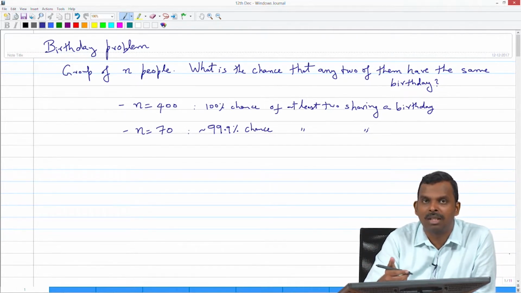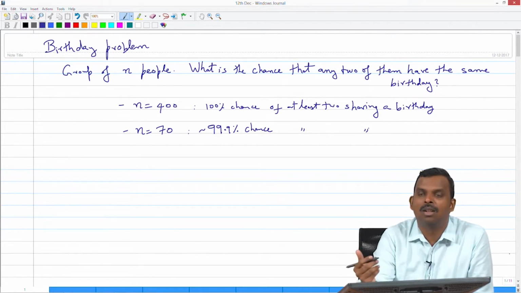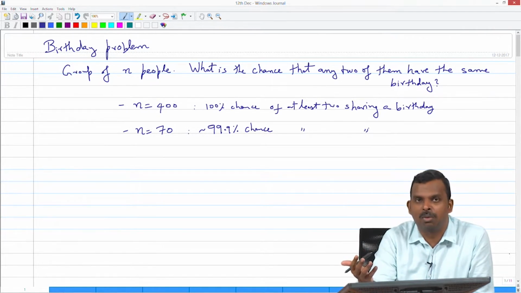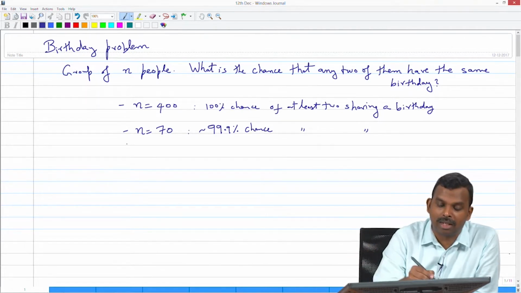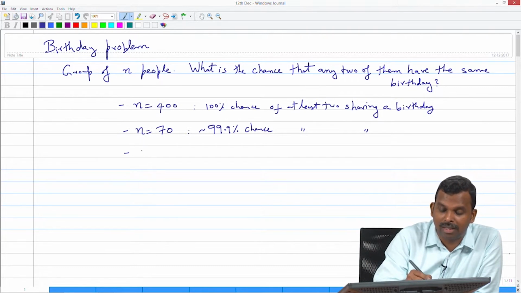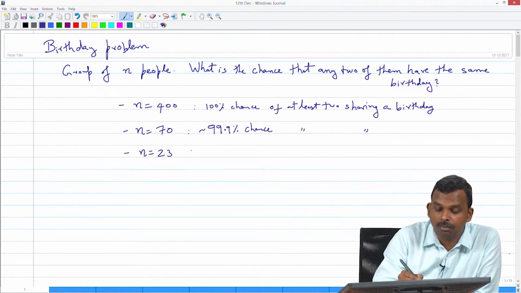Quite often this is true. If you have a class or a group of 70 people and you expect their birthdays to be random, you should not badly pick that group, then almost surely, 99.9%, a very high chance, two people will have the same birthday. In fact, much more interestingly, if n is 23, it turns out it is roughly a 50% chance.